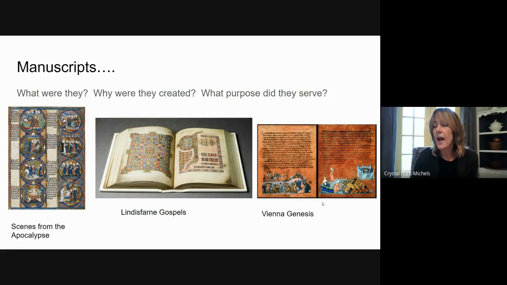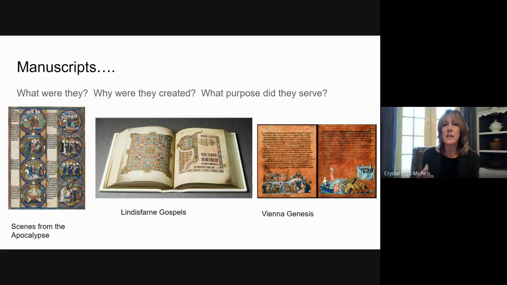And then here we have the Vienna Genesis, a couple of pages from this manuscript, where we have more text, but also illustrations that definitely help us understand the stories from the text above.